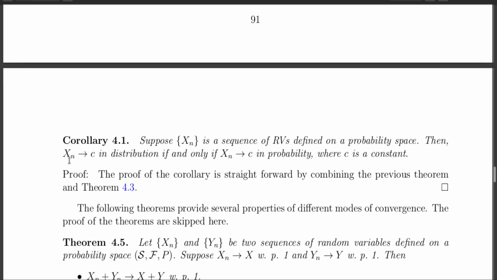On the other hand, if Xn converges to c in distribution, this implies that Xn converges to c in probability, as we have shown in the previous theorem. So combining the two theorems, we get the if and only if condition.